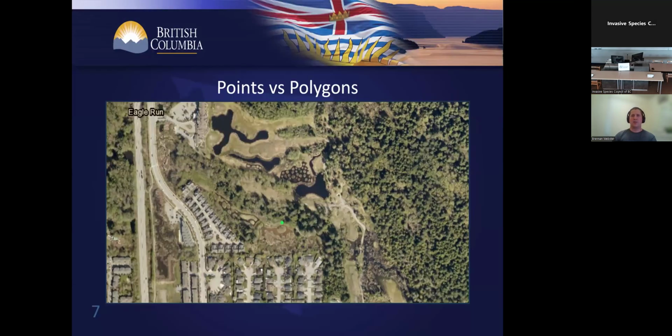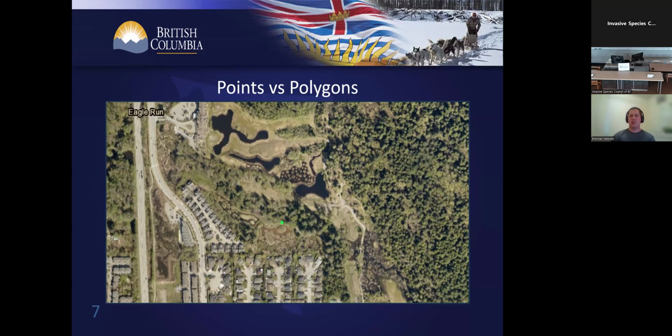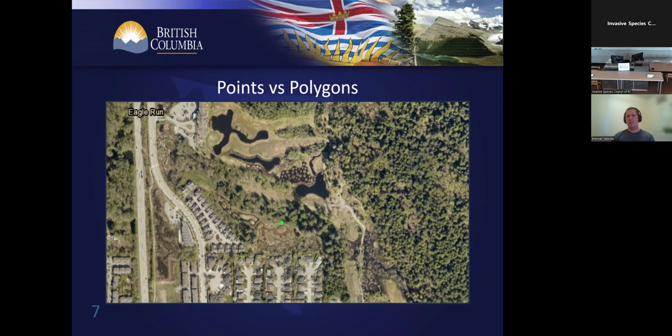So here I'm just going to give a bit of a demonstration on the difference between the point data and the polygon data. To make this, I just ran a query of IAP sites from the old database that have been superseded by observations from the new database. So this is a point site that somebody made.